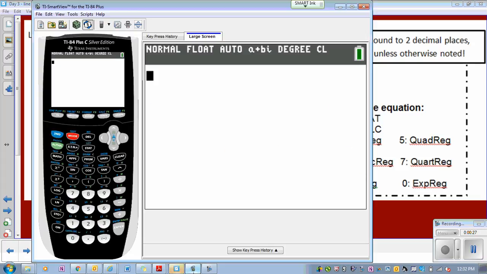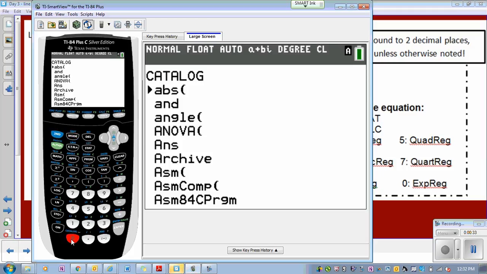So how do we do that? Go to our calculator. We go to second 0. Okay. And then you can either scroll down until you get to the letter D, which I don't recommend. Each of these buttons, starting with math, has a little letter with it in green, like a lime green.